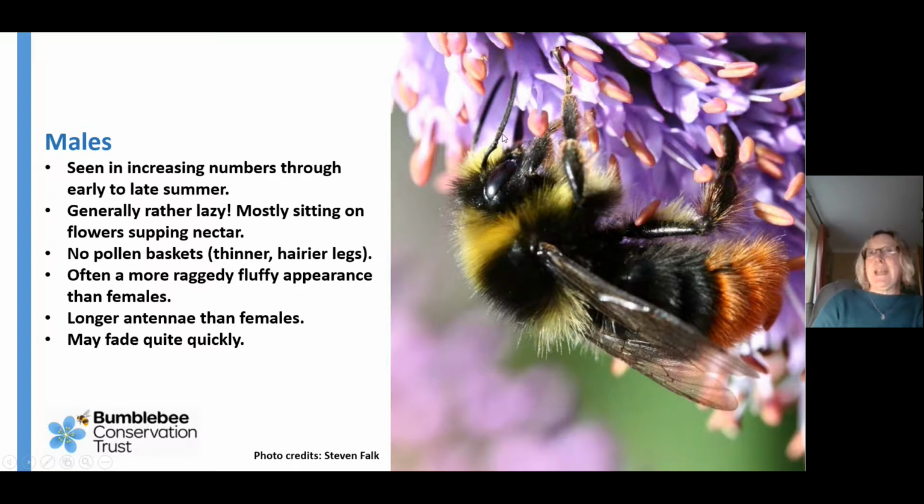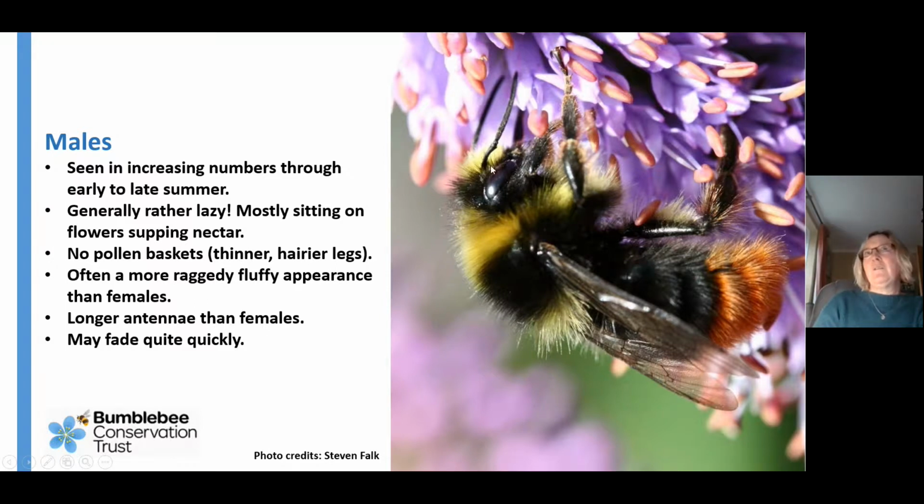Males have longer antennae in all species, and this can be quite noticeable. This is something we practice on our field skills, getting your eye in to see the more droopy and longer antennae of the males. And males, although they can appear very bright when they emerge because they're often quite colourful, fade really quickly because they never go back to the nest and they're often in the sun for long periods of time, which can hamper us when we're trying to identify them.